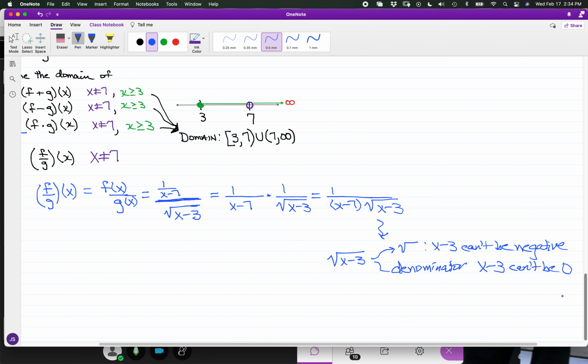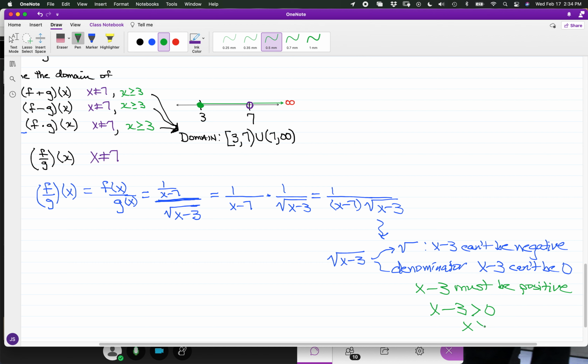So running the filters, it follows that x minus 3 must be positive, so x minus 3 has to be greater than 0.